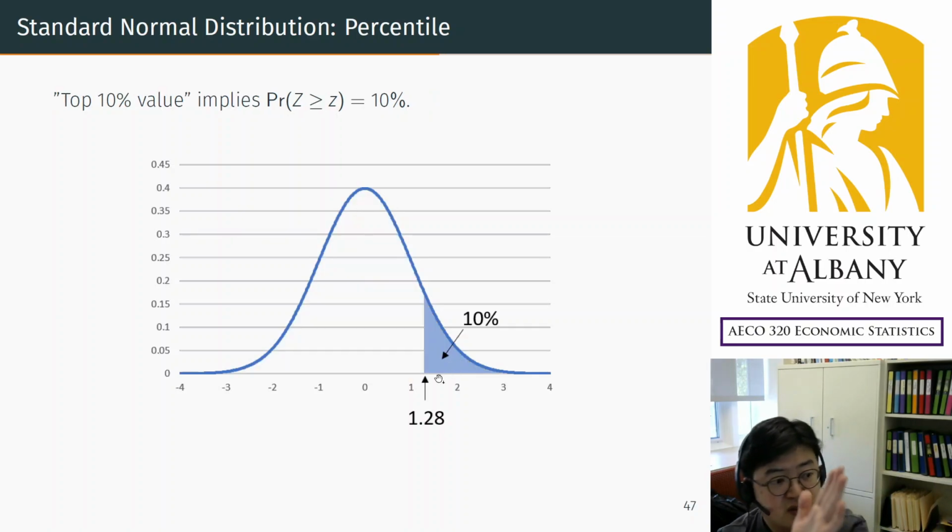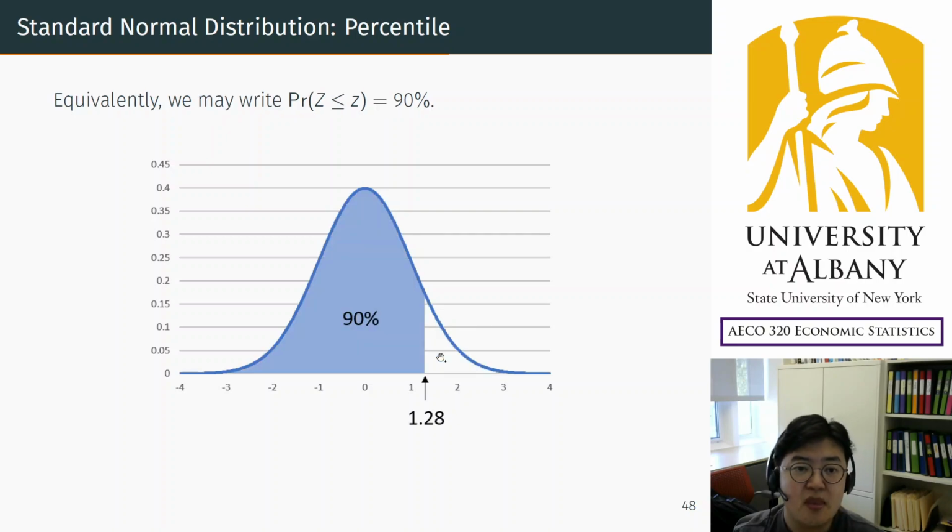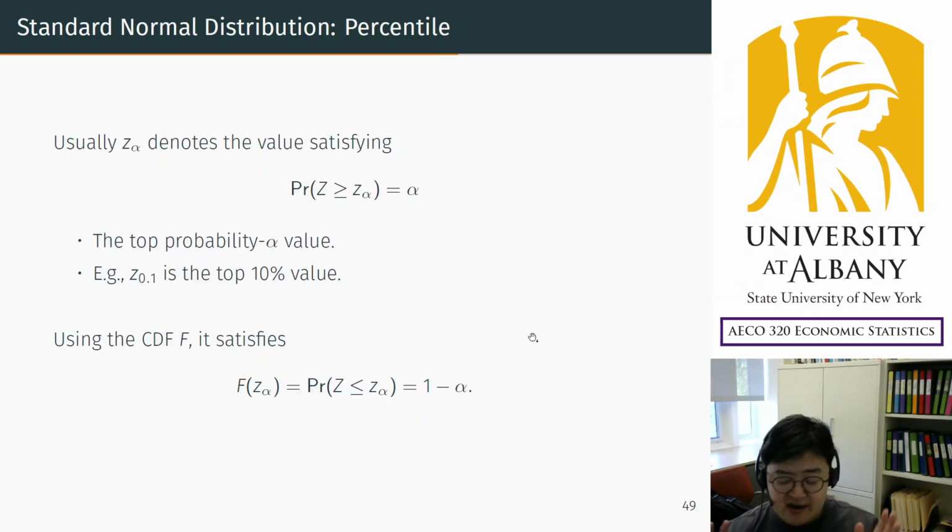So if you know right hand side is 10%, then left hand side is automatically 90%. So counting from the top or counting from the bottom. Again, the reason why I'm telling you this confusing thing is because different places use different notation, even within statistics, because different theories are developed separately, independently, so they have different traditions.